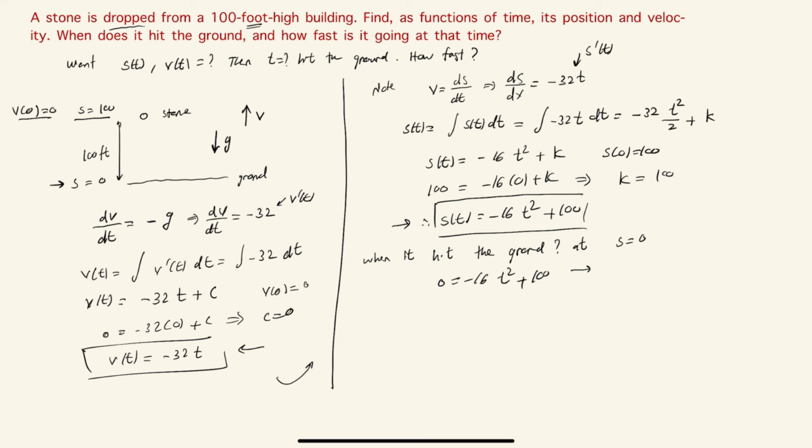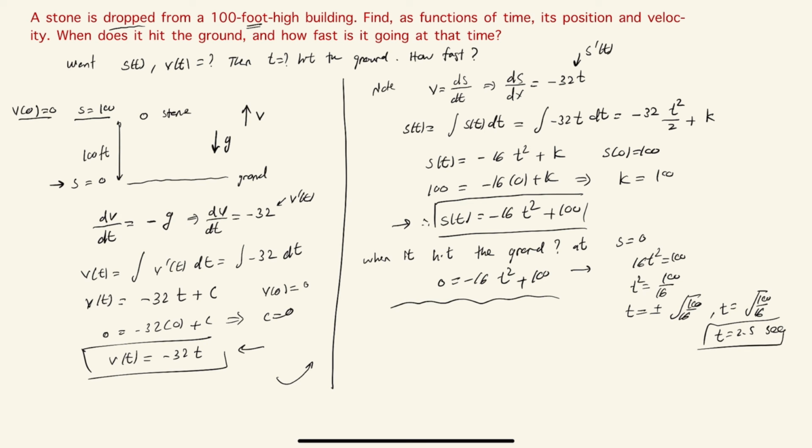First, I'm going to move minus 16t squared to the other side, and then I'm going to divide both sides by 16, and then I'm going to take the square root. Right here we have a positive and negative value of t. Time is only positive, so I only take the positive value. Therefore, t is going to be equal to 2.5 seconds.